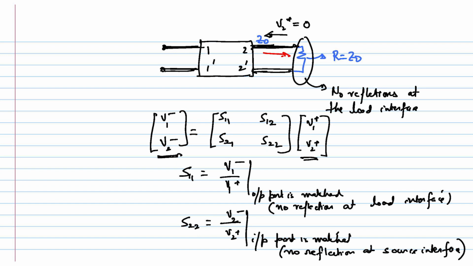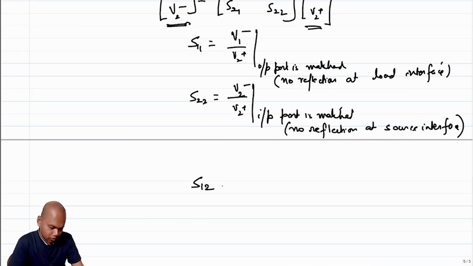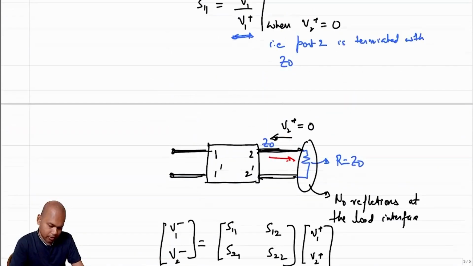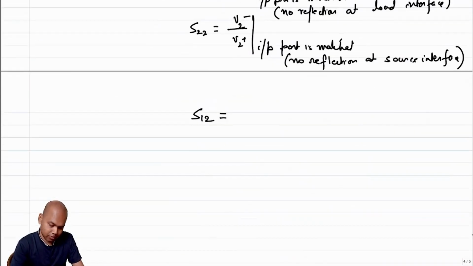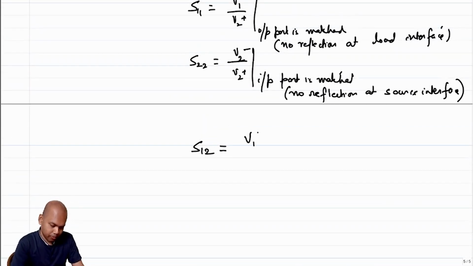Similarly, I can characterize S12. So again, go back here. What is S12? S12 is V1 minus by V2 plus when V1 plus equal to 0. So let's write it down. So V1 minus over, here I made a mistake. V1 minus over V2 plus when the input port is matched, right?